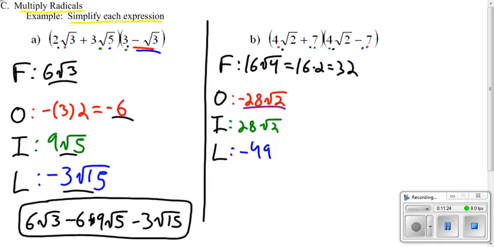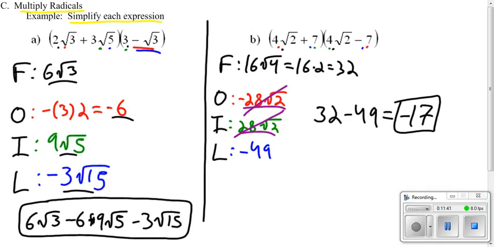We have a negative 28 square root of 2 and a positive 28 square root of 2. Those will subtract each other out, so we don't have to look at those ones at all. So now all we have left is 32 minus 49, which we can see is negative 17. So in this case, we were left with just one constant number.